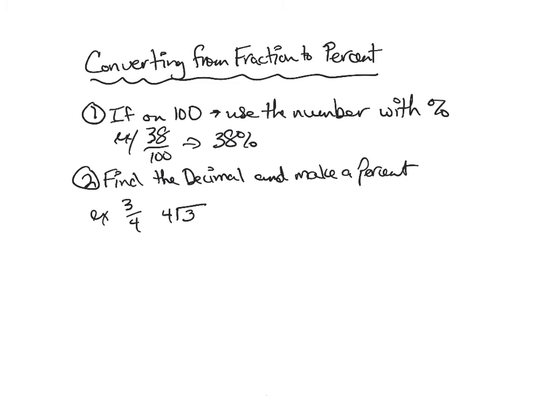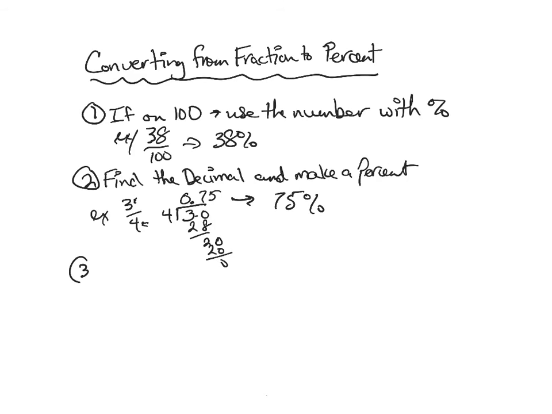Divide the numerator by the denominator, and you'd get, in this case, 4 doesn't go into 3, so you put the 0, decimal, 4 goes into 30 7 times, that's 28. Remainder 2, drop a 0, 4 goes into 20 5 times. That finishes it, and so if it's 0.75, then we've said already from before that that would be 75%.